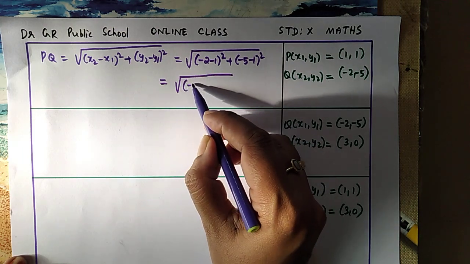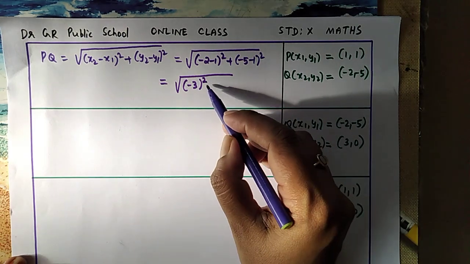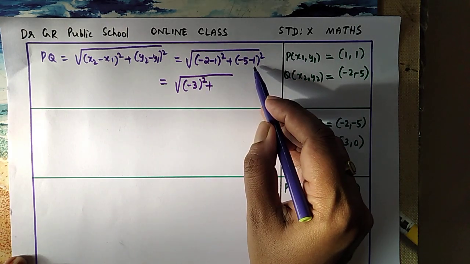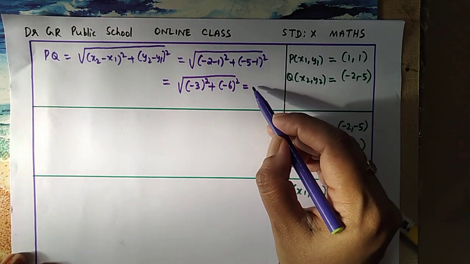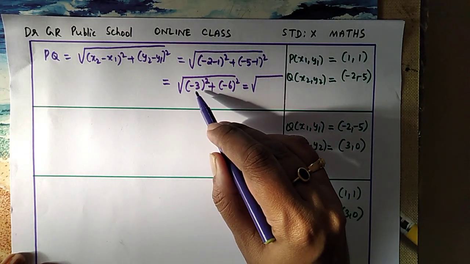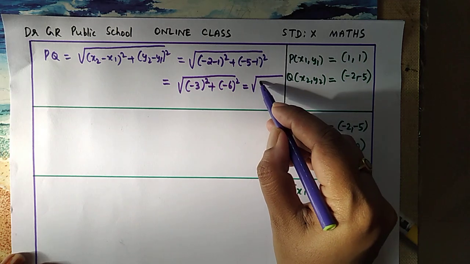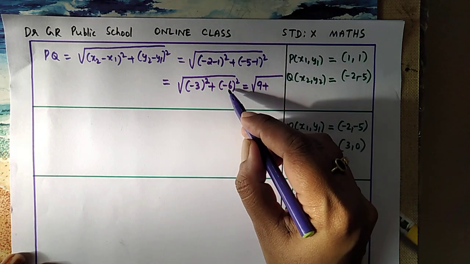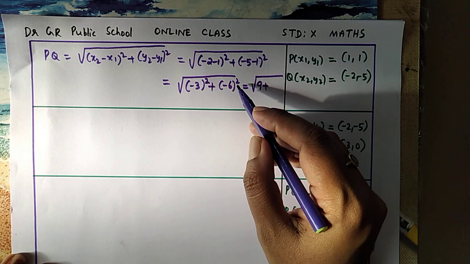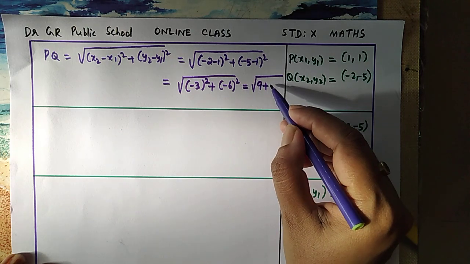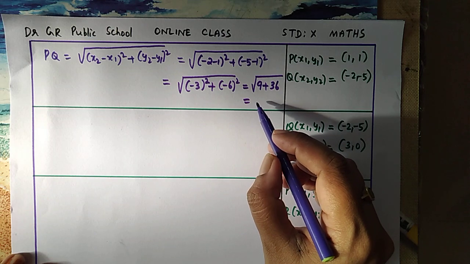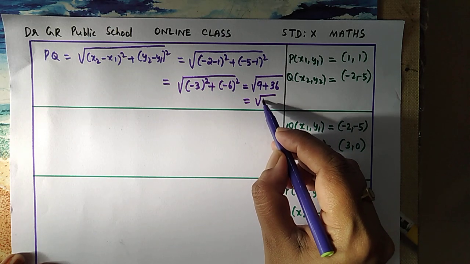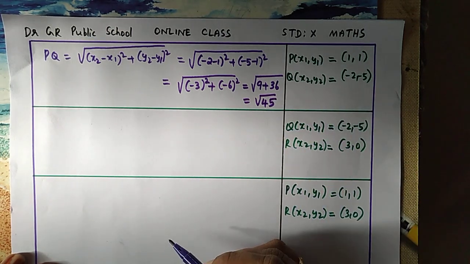So root of minus 3 the whole square plus minus 5 minus 1 is minus 6, minus 6 the whole square. That is equal to minus 3 square is 9. Minus 6 the whole square is, minus square will become plus, so 6 square 36, and 9 plus 36 is 45. So the first answer is root 45.